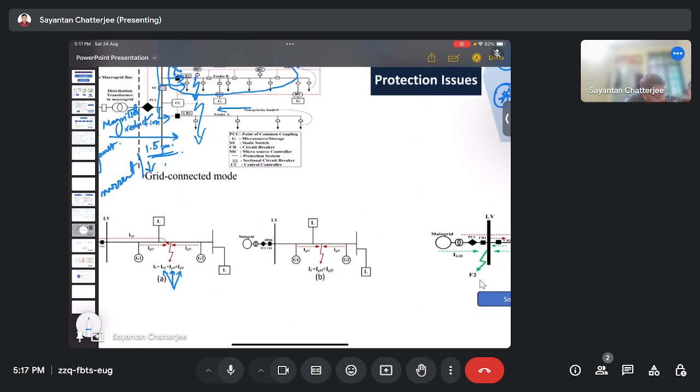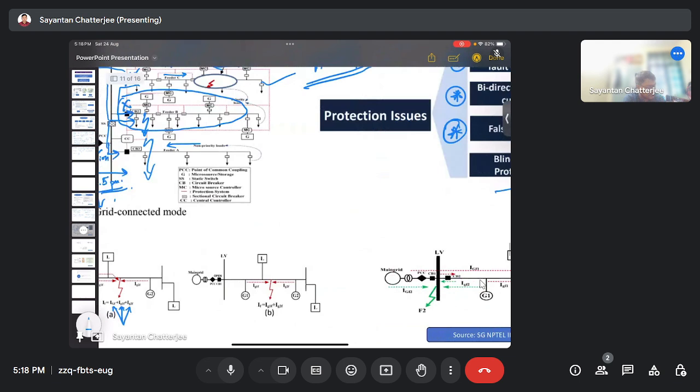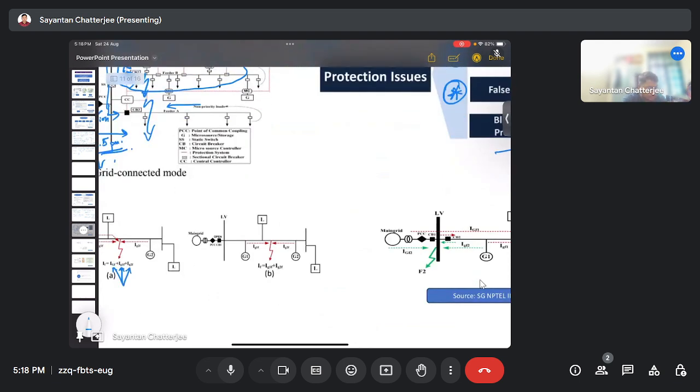Now we have already discussed it here, this is the case of bidirectional. Yes, so the bidirectional portion is, suppose we have a fault here. Okay, so with the fault occurring at this point, this DG is delivering power this side, this DG is delivering power this side.